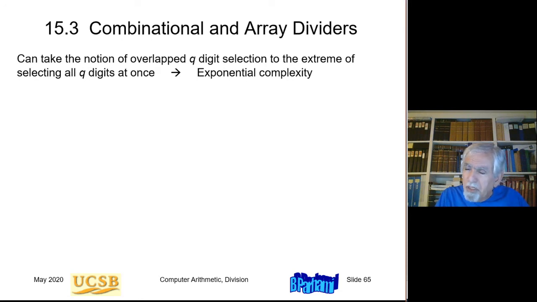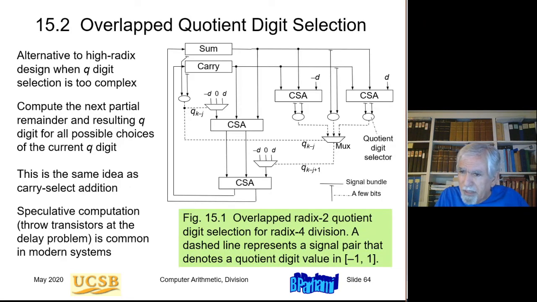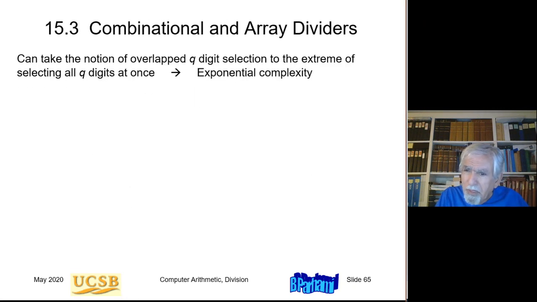So a combinational array divider designed based on this principle will have exponential complexity. And given that divide is not a frequently used operation in many applications, we really don't need a very fast divider.